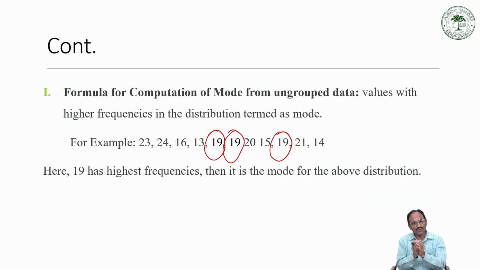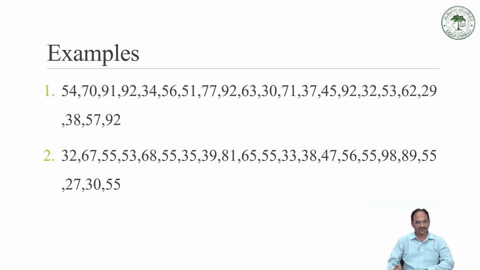So in order to let you understand, let me take a few more examples. Let's do some more exercises and then we will proceed further. I have taken this particular example. This is a distribution.